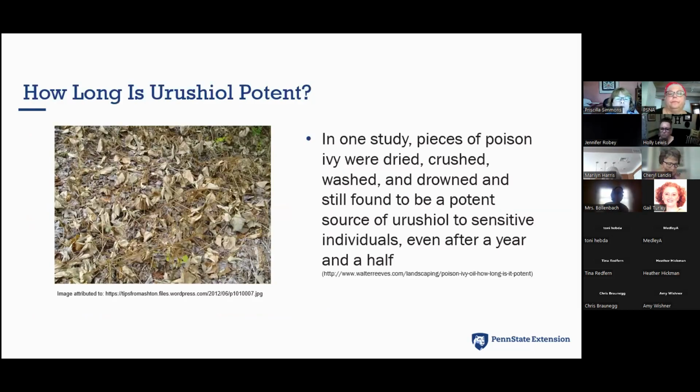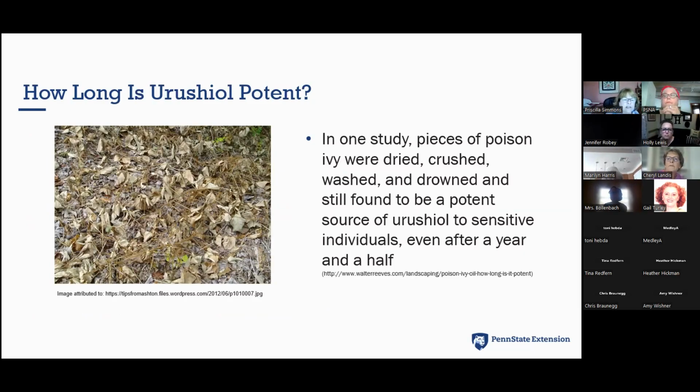A question: how long is urushiol potent? I read one study when I was updating for this presentation where pieces of poison ivy were dried, crushed, washed, and drowned, and still found to be a potent source of urushiol even after a year and a half.